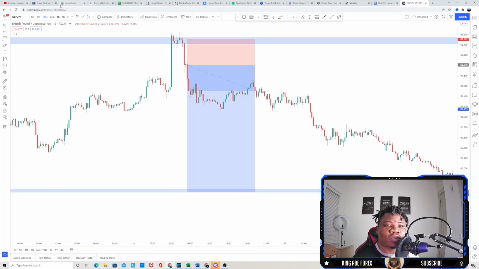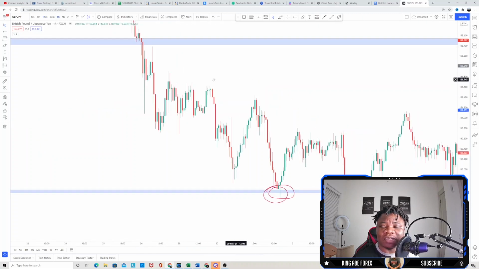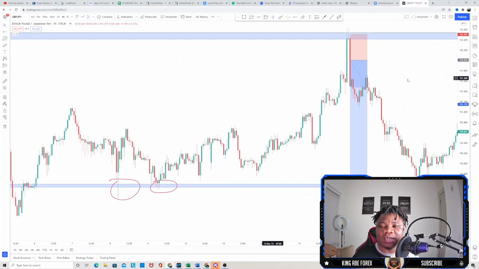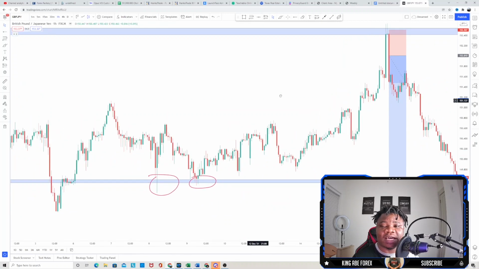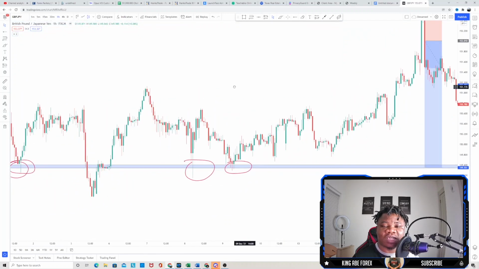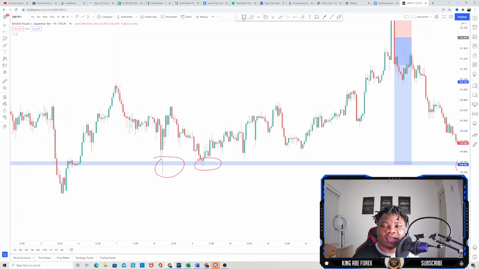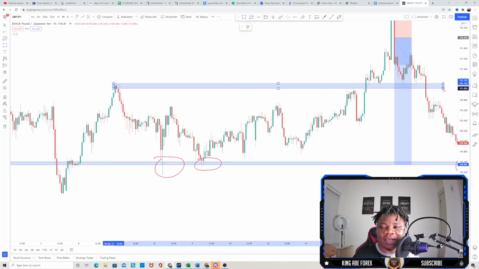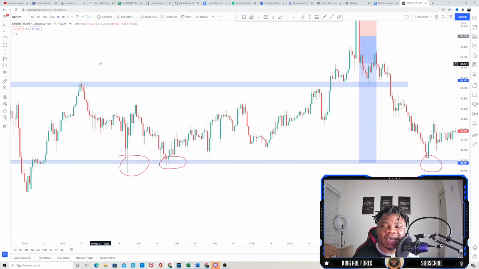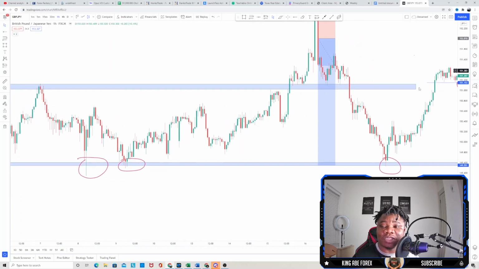Now if we go to the 1 hour time frame here, we can see we have our entry right over there. But if we look to the left-hand side, we can see that we have this most recent high over here, which was a support zone for our buy position earlier.